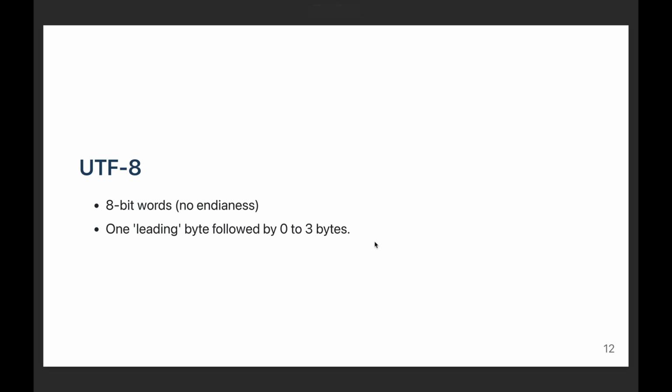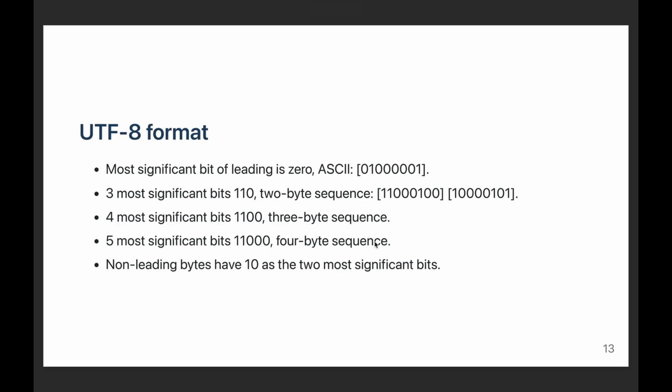The UTF-8 format is made of sequences of bytes. Each character begins with a leading byte, followed by anywhere from 0 to 3 continuation bytes. A special leading byte is just an ASCII byte. That is a byte value with the most significant bit set to 0. All non-leading bytes have their most significant bit set to 1 and their second most significant bit set to 0.